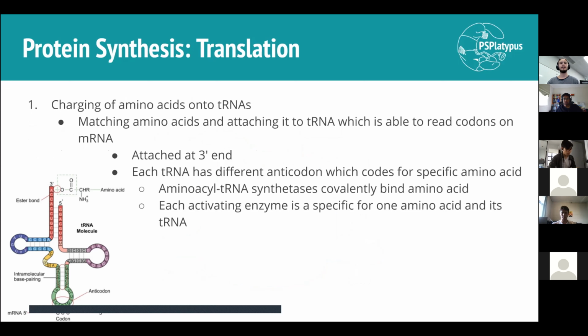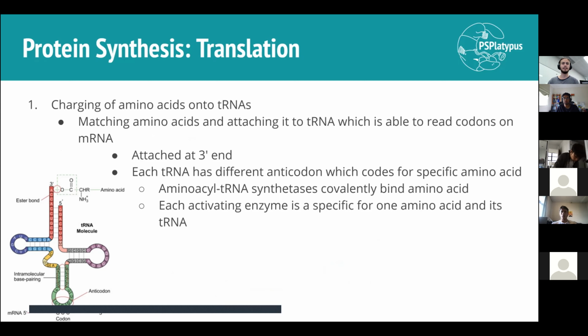So step 1, charging of amino acids onto tRNAs. Basically, there are different tRNAs for each amino acid. And there's something called aminoacyl tRNA synthetase. Basically, that attaches the amino acid, the building block, to the tRNA, the thing that carries the amino acid to the ribosome.